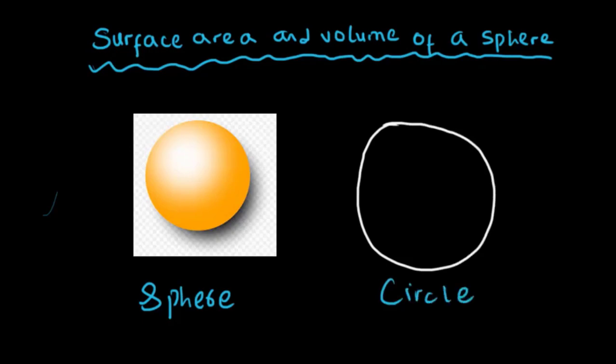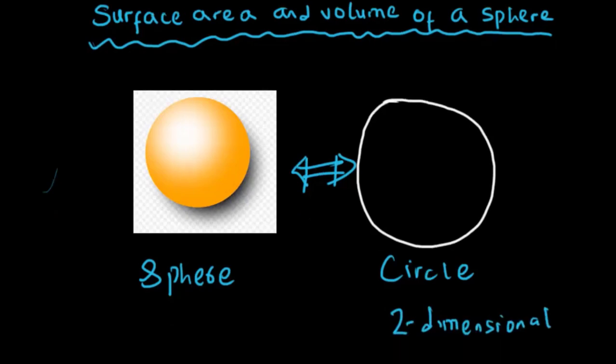Now, if you look closely, a circle is similar to a sphere. The only difference is that a circle is flat, so it's two-dimensional, while a sphere is three-dimensional.